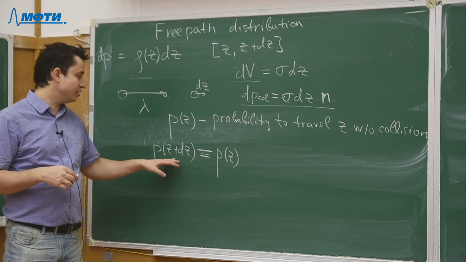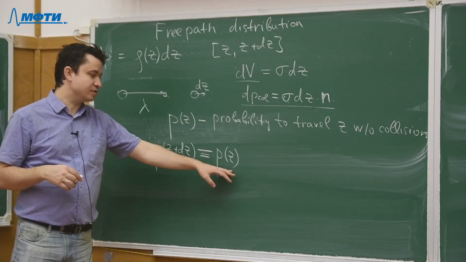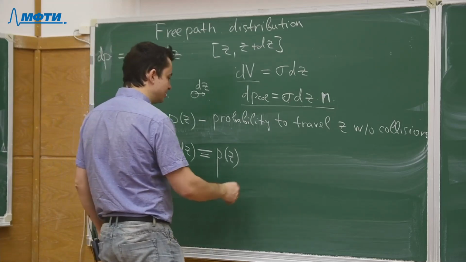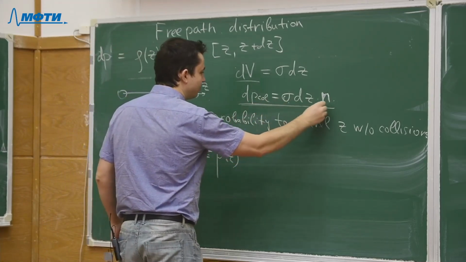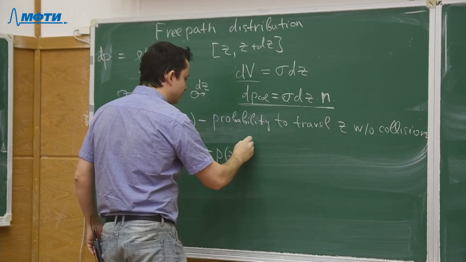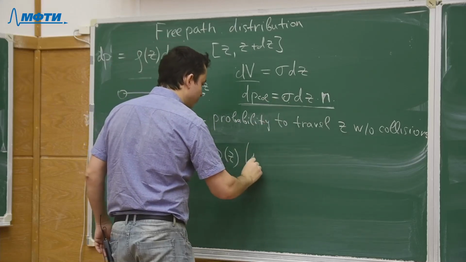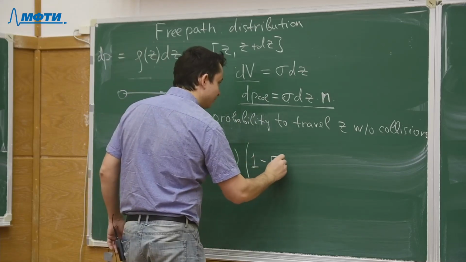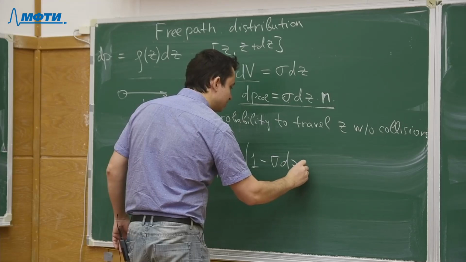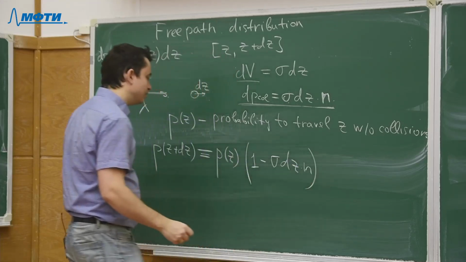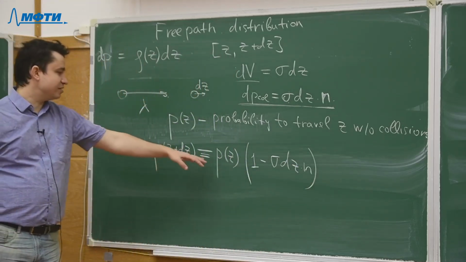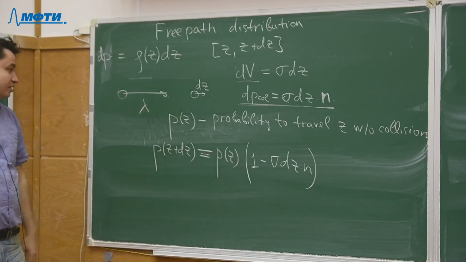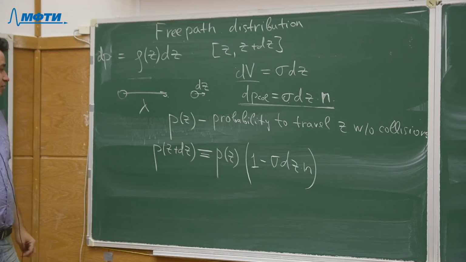Since the probability of the collision is given by this, the probability of not colliding over that distance is 1 minus sigma dz times n. So p of z plus dz equals p of z times 1 minus sigma n dz.